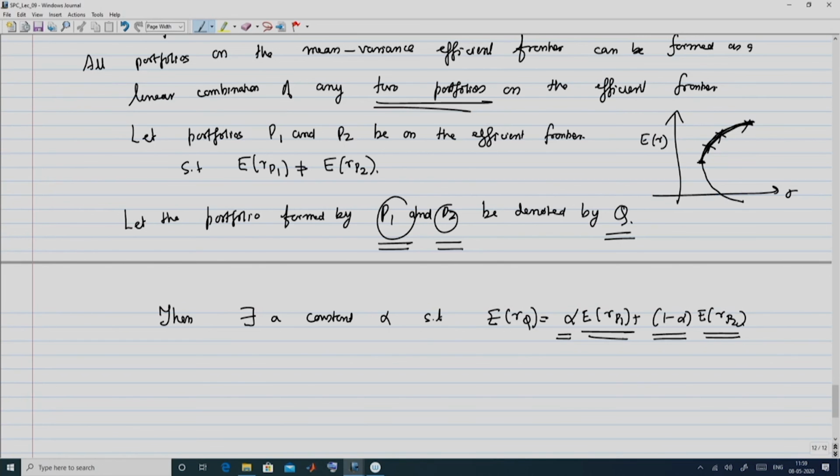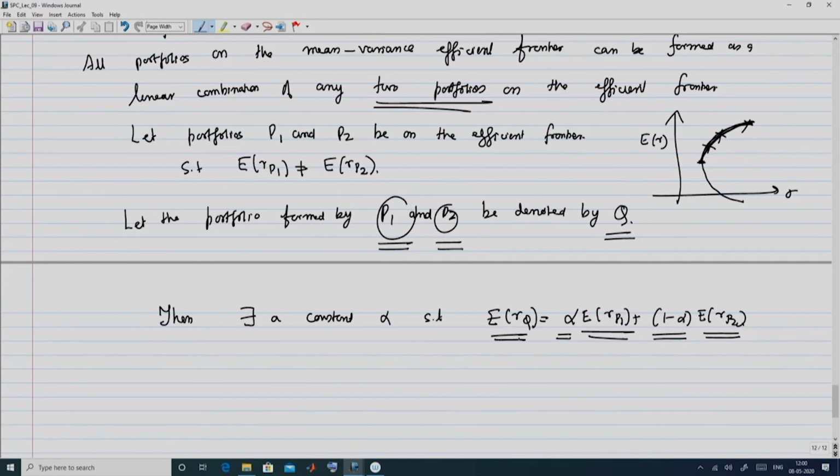So, you already have two portfolios P 1 and P 2, and then you create a new portfolio Q, which is essentially just like a two asset portfolio, or in this case a portfolio of just two portfolios with the respective weights being given by alpha and 1 minus alpha. Now, if you want to create any portfolio Q out of P 1 and P 2, then you simply need to put in a weight alpha in the portfolio P 1 and a weight 1 minus alpha in the portfolio P 2. And how do you determine those alpha and 1 minus alpha?